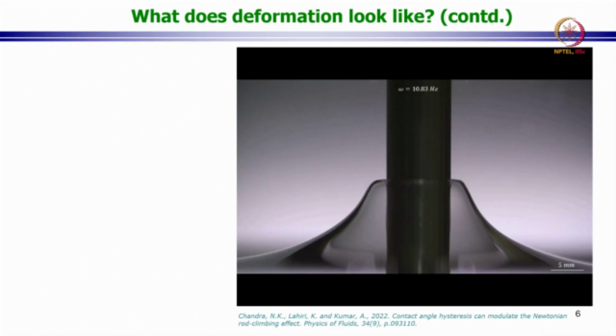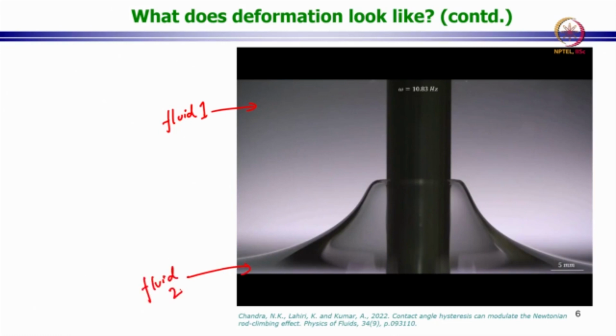Now in this particular video, this is also a video taken using light. It involves fluids, obviously. So there is a fluid 1 here, and there is another fluid here, fluid 2.